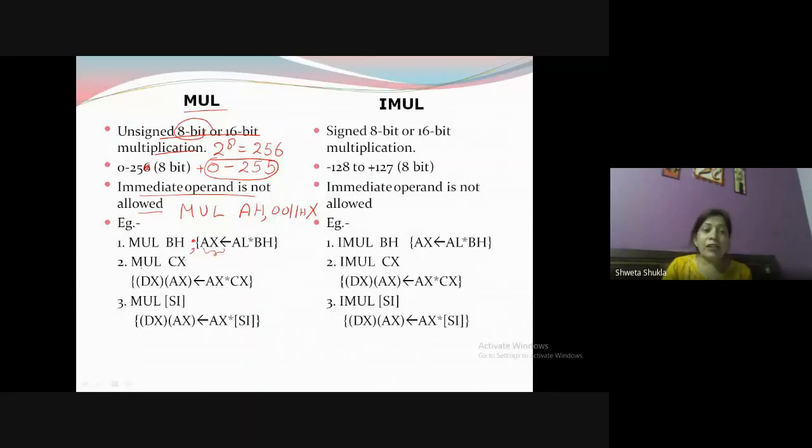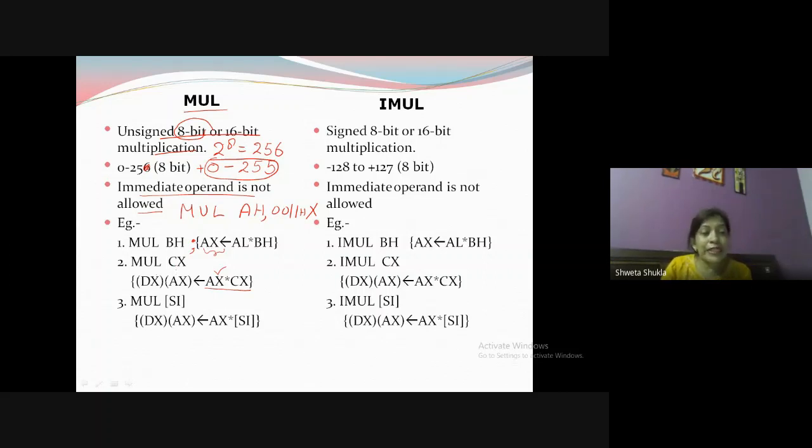Remember this thing. Now let's see if we are multiplying 16-bit data. That means MUL CX contains 16-bit data. In that case, the content present in the CX register will be multiplied with the content present in the AX register. But the result will turn out to be 32-bit data.